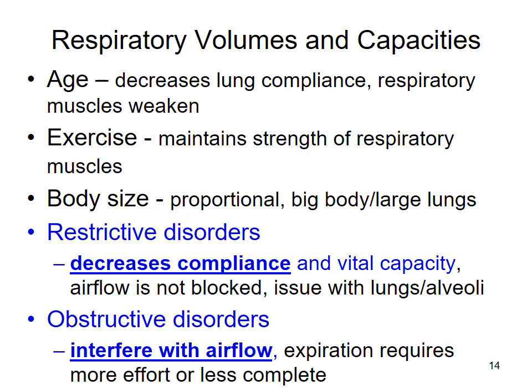Usually with an obstructive disorder, there's no issue with the lungs or the alveoli. So if we're able to get the air through the obstruction, they will have normal gas exchange. Just keep these two terms in mind, because as we continue through our lecture, we're going to take a look at different disease models, and then I want you to figure out, hey, am I talking about a restrictive or an obstructive disorder?